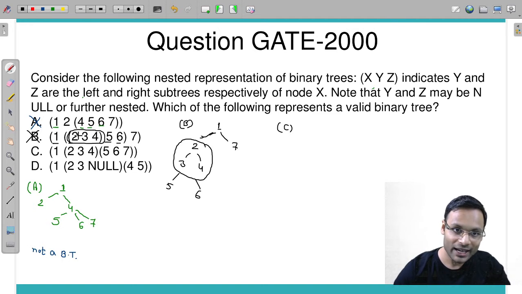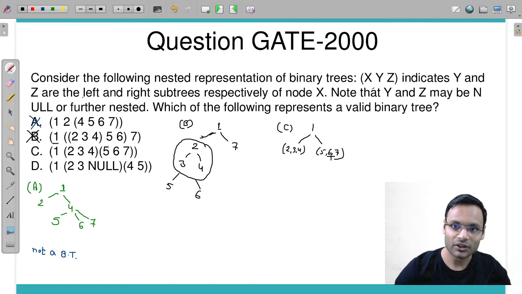Option C, entire quantity. Okay, let me clear this extra stuff from here. So the first quantity is 1, root, fine. The second quantity is a subtree 2, 3, 4 in the left, and the third quantity is a subtree 5, 6, 7 as right. Now let's expand 2, 3, 4.